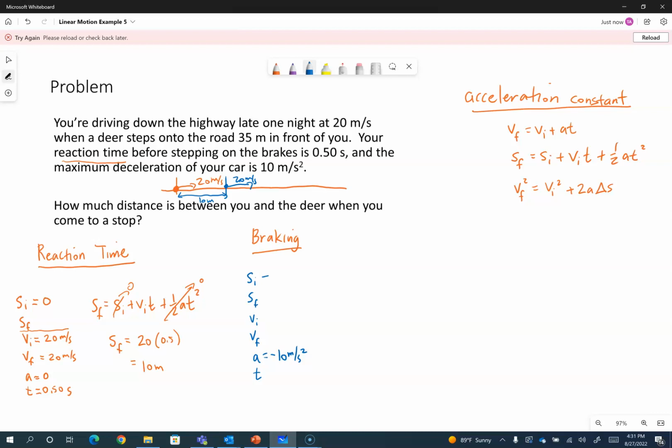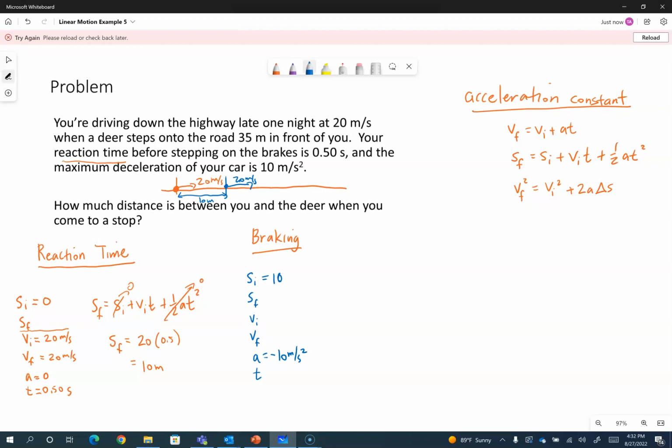So our initial position, we do have choices here. We can set up a new origin, and then our final position will be measured from that new origin, or we can just keep our initial origin of back where before we even reacted.